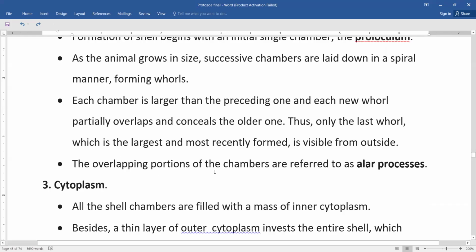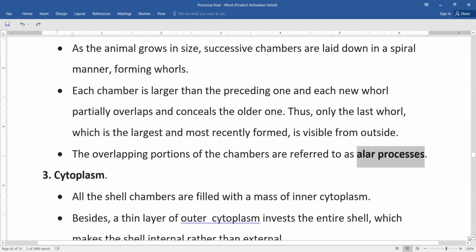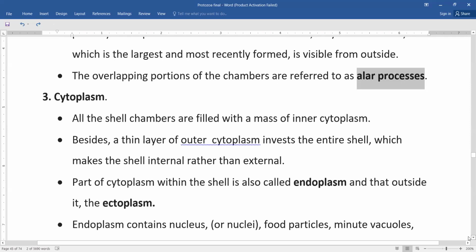The overlapping portions of the chambers are referred to as alar processes. The overlapping portions of the chambers are slightly elevated. They are called alar processes. You should remember there is a difference between retral processes and alar processes.